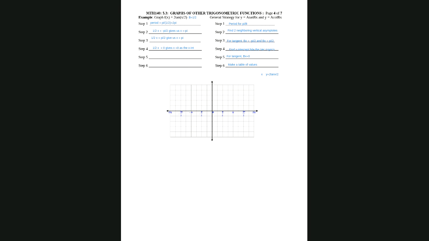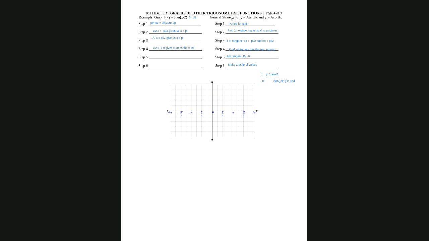And if we plug in x equals negative pi, we're going to get 2 times the tangent of negative pi over 2, and this will be undefined. Remember, there was an asymptote at x equals negative pi, so that makes sense that it would be undefined. Next, we'll take a look at negative pi over 2.